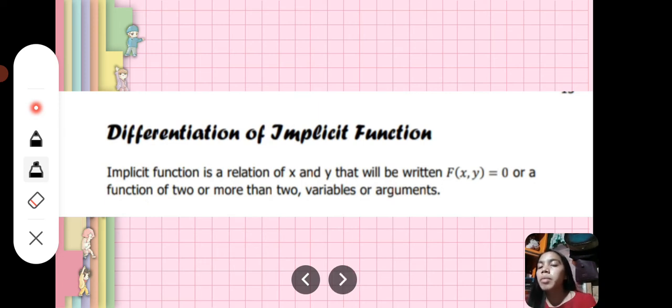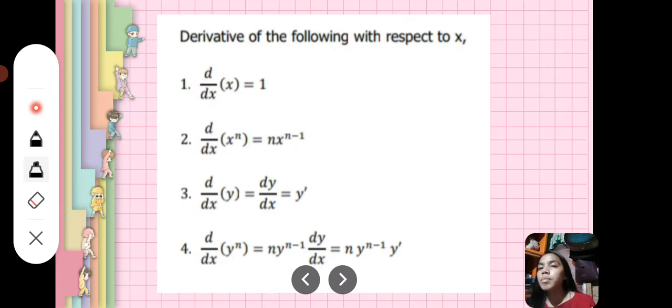For finding the derivative of an implicit function, we will be applying the following derivatives with respect to x. First, the derivative of x with respect to x is equal to 1. So when you differentiate the variable x, it is always 1.